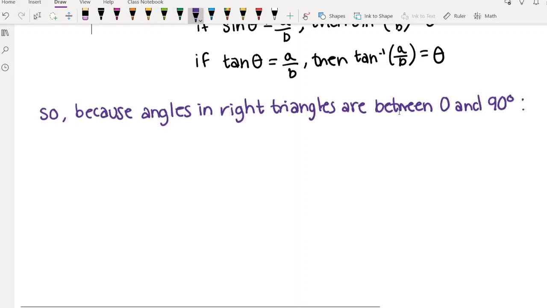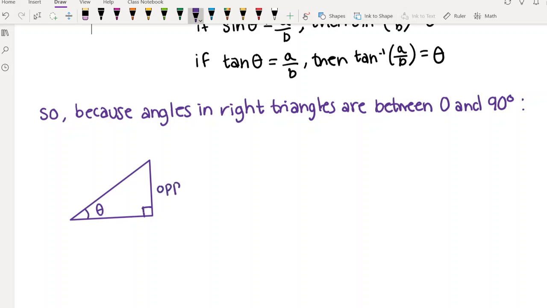So if you have a right triangle, and you have an angle theta, and you call this your opposite side, this your adjacent side, and this your hypotenuse, it's always going to be true that if you take inverse sine of the opposite side over the hypotenuse, you're going to get your angle theta.